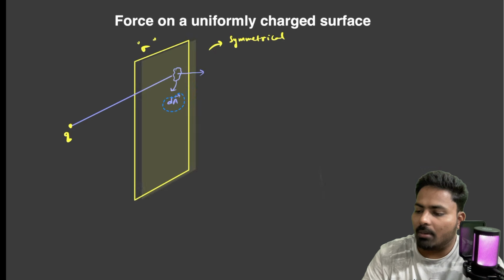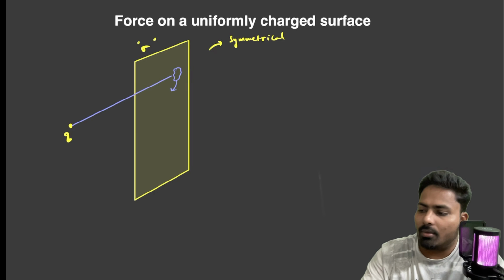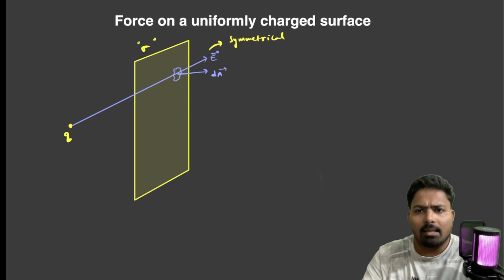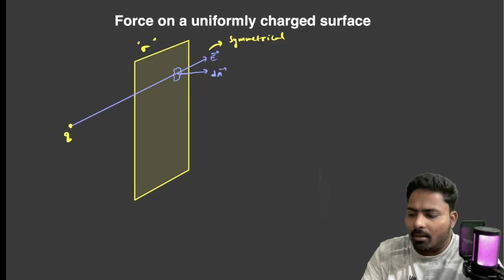Okay, so this is the dA bar area vector, and we know that due to this point charge there will be electric field, let's say E bar in this direction, which is radially away, considering that this is a positive charge.